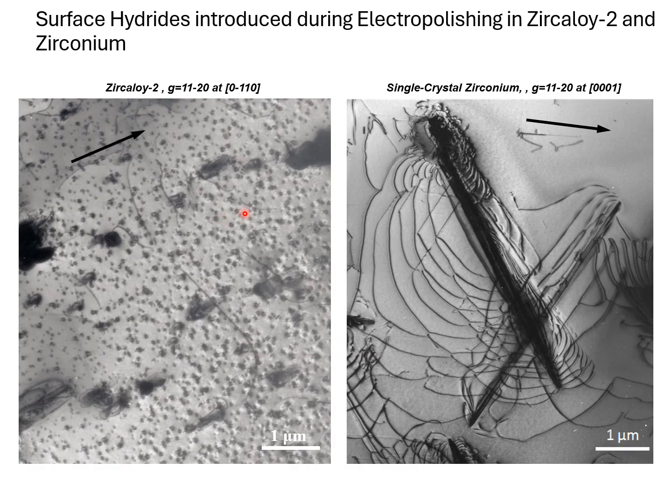That's probably why you get smaller precipitates. They definitely want to precipitate, but they can't precipitate as large because of the strain that they produce. In the softer case, single crystal zirconium, the material is soft enough that it doesn't really matter. You can get large precipitates formed because they can easily yield the material.